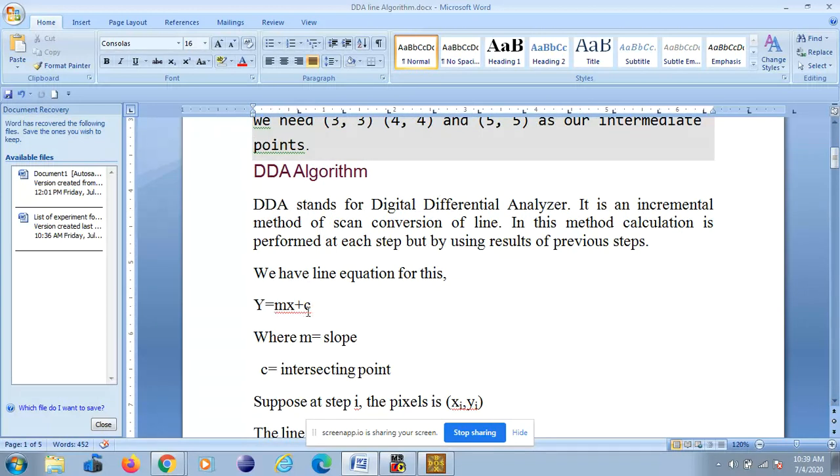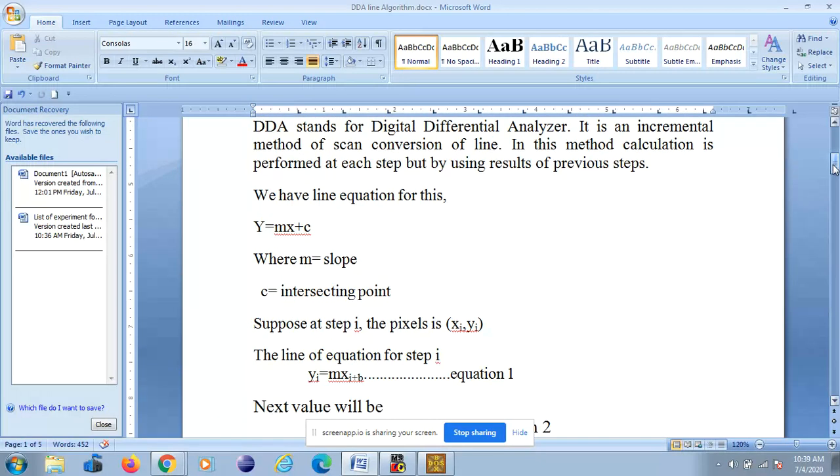This is the standard line equation, where y is the value of the y coordinate along the y axis, m is the slope, and c is the intercept, the point where the line intersects the axis. So this is the standard equation for a line, y equal to mx plus c.